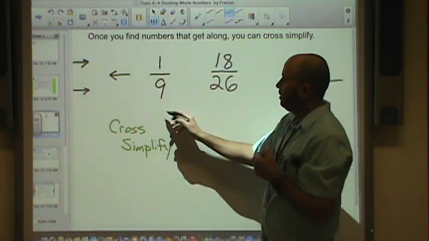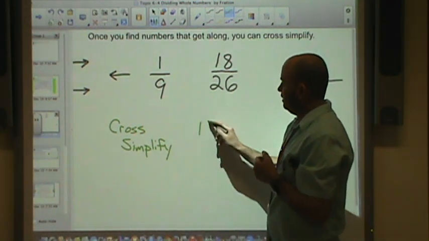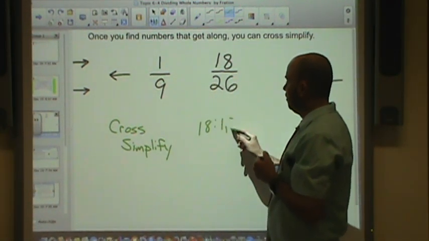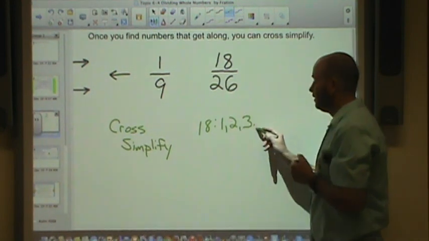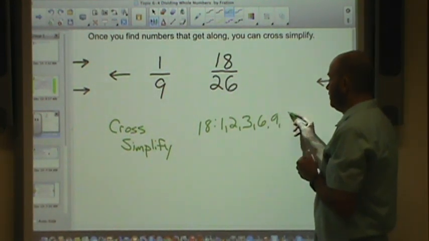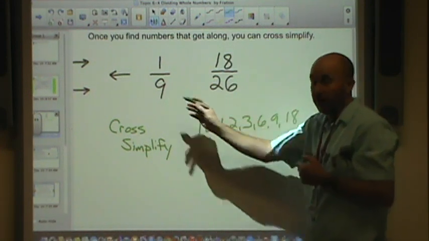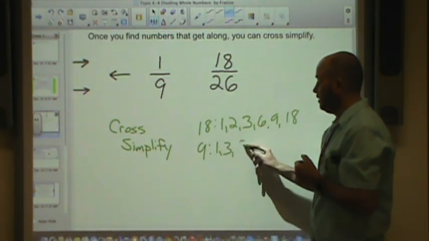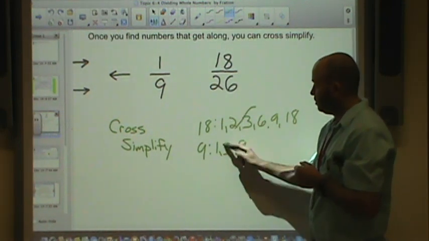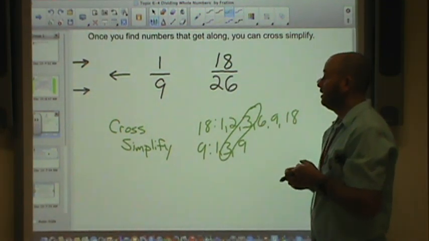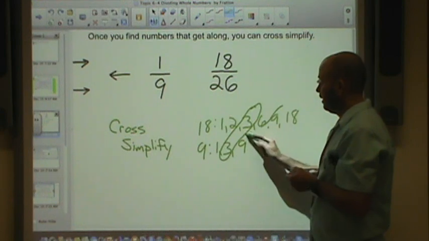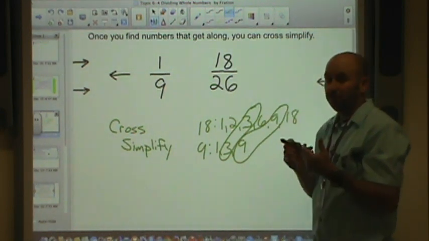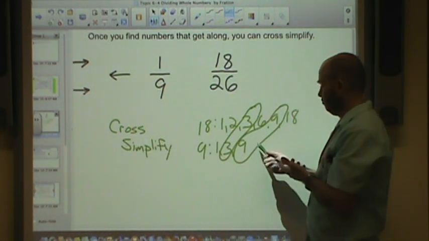Because we know that the factors of 18 are 1, 2, 3, 6, 9, and 18. We know the factors of 9 are 1, 3, and 9. So the GCF is 9.